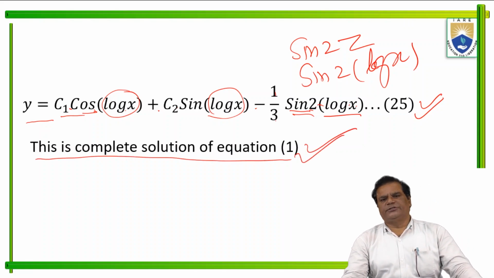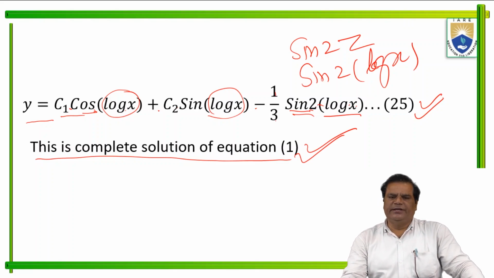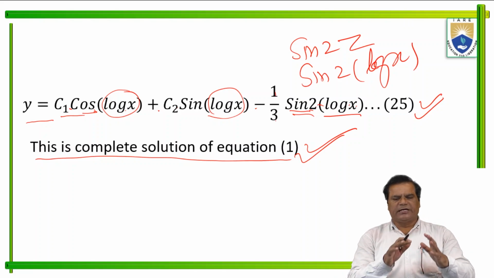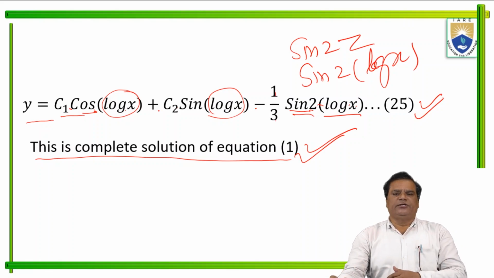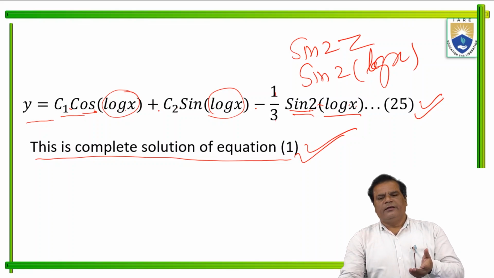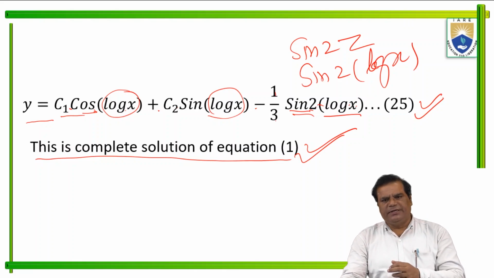So this process we can apply to solve a Cauchy Euler homogeneous linear differential equation. First of all, we change the Cauchy Euler homogeneous linear differential equation into a linear differential equation with constant coefficients. Then we apply the formula y equals CF plus PI in the independent variable z.